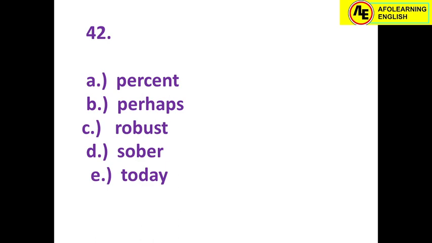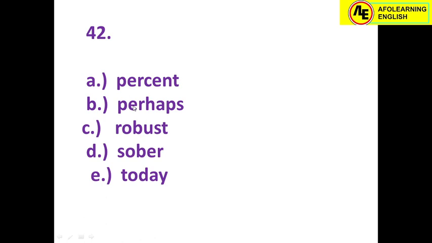Number 42. Okay, we have percent. Like I said, the E sound often takes the primary stress. Apart from that, the E here has a short sound, and the short sound is the weakest, an unaccented, unstressed vowel sound.